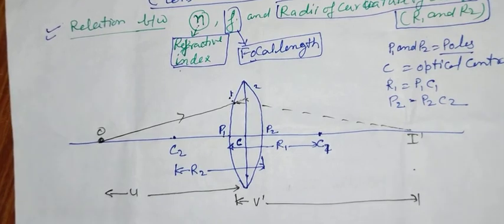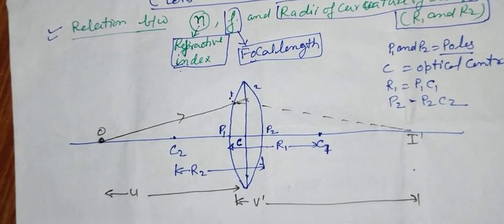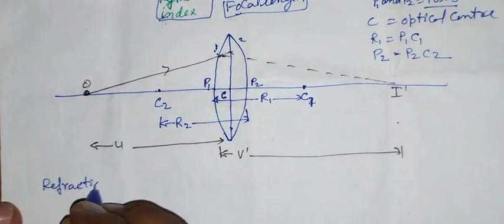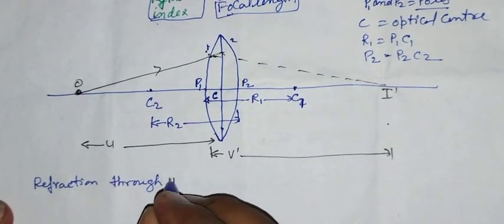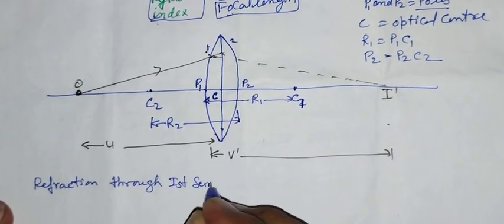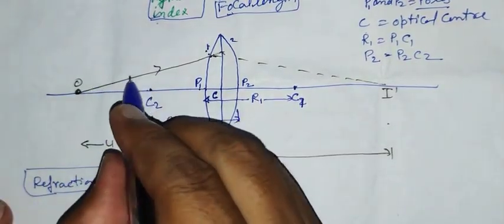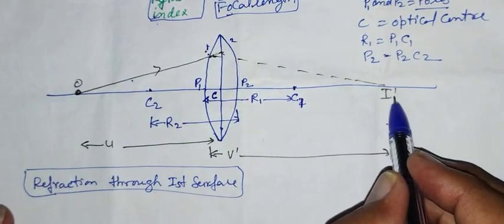So in the whole explanation, I am trying to say that we are taking the phenomenon of refraction through the first surface. The ray's image is formed at I dash.